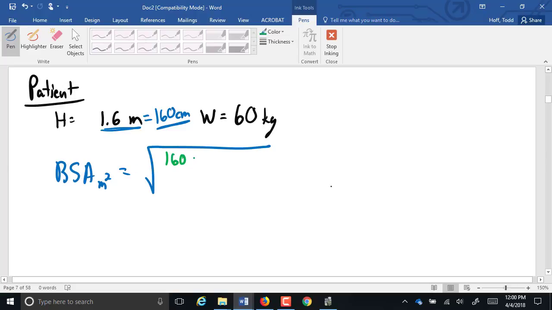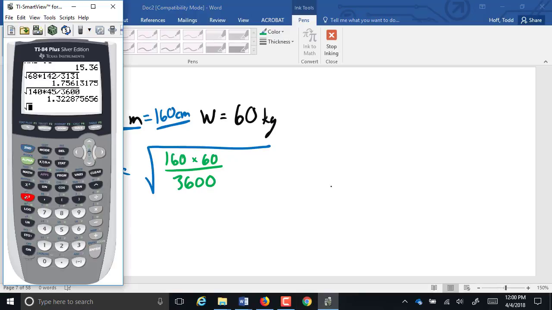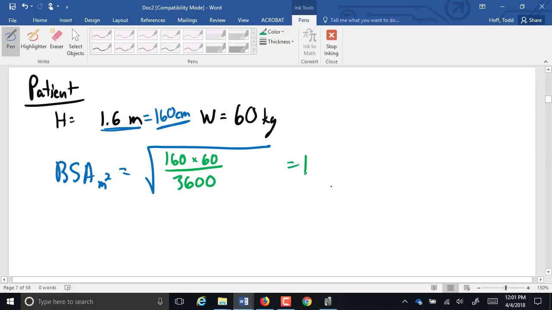So our body surface area is 160 times 60. Since these are metric, centimeters and kilograms, it's over 3,600. So we'll punch in second square root, 160 times 60 divided by 3,600. And we get 1.63 meters squared.